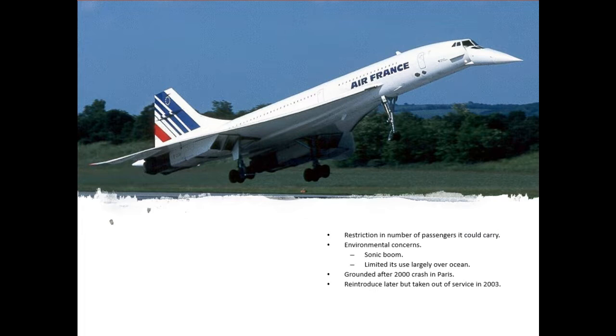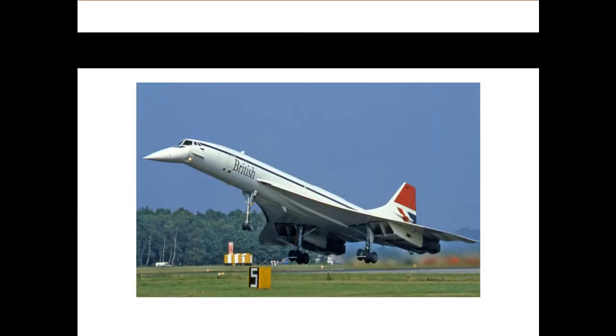So the Concorde had no more value at that point in time. You can see the Concorde's shape and structure looks more like an aircraft ready to go to war instead of transporting passengers.